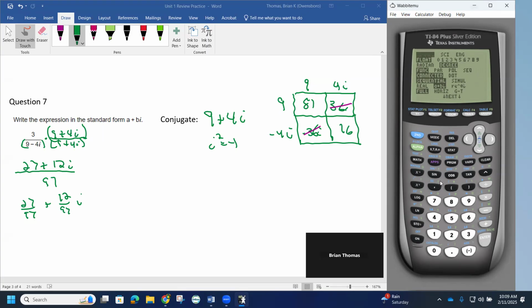Before I do that, though, let me try a different tactic. So if we clear this off here, quit. If I type it in as 3 divided by 9 minus 4i, oops.